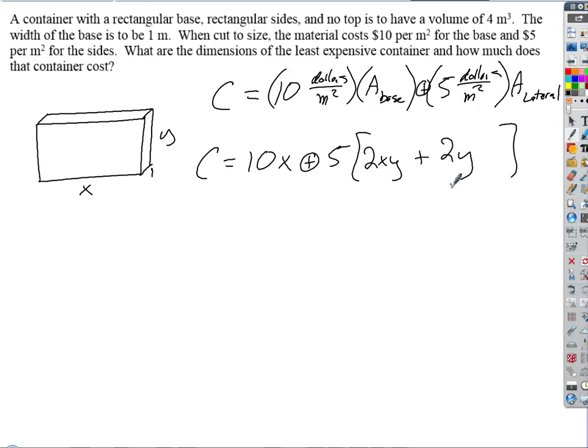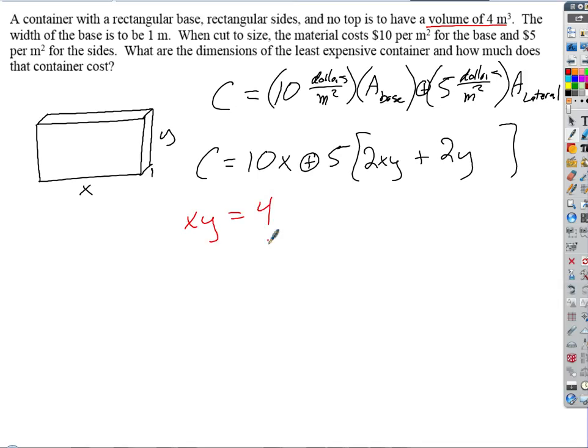We don't care because we've got a function in terms of two variables, but we have a constraint, don't we? What's our constraint or our secondary equation going to rely on? Volume. So the secondary equation is just going to be volume. In terms of the variables, it would just be x times y times 1, so xy equals 4.